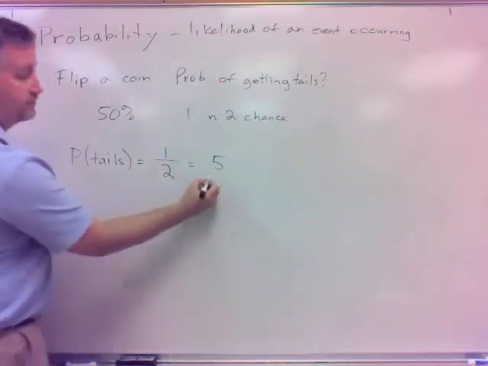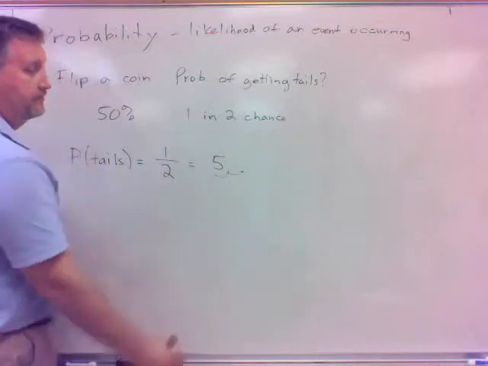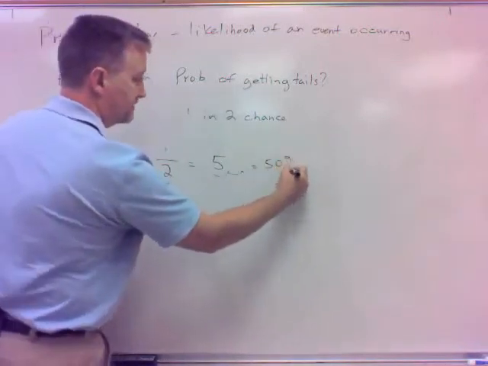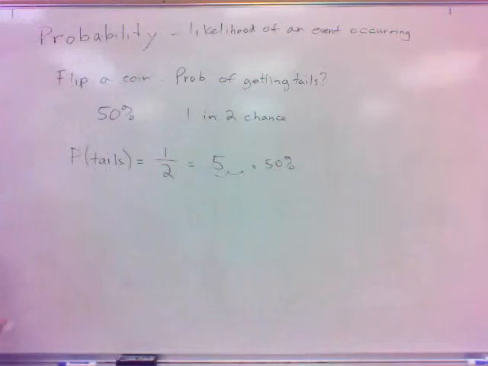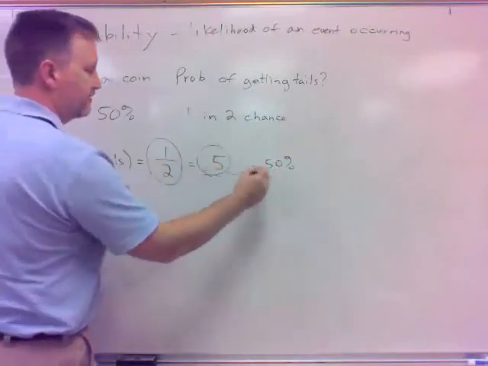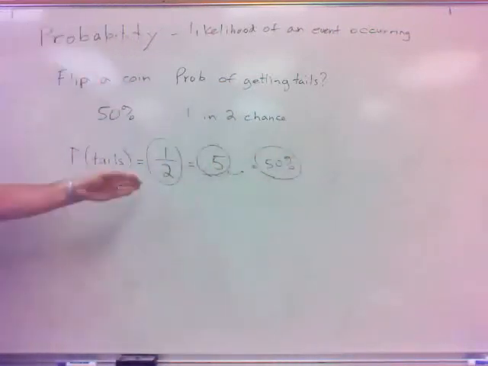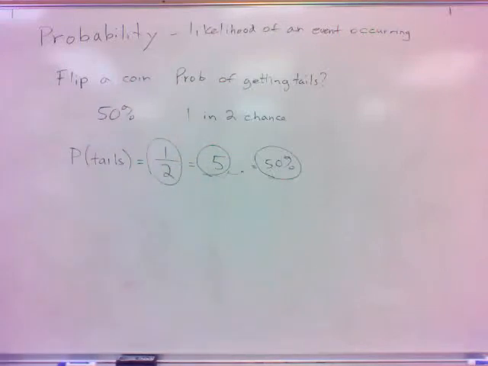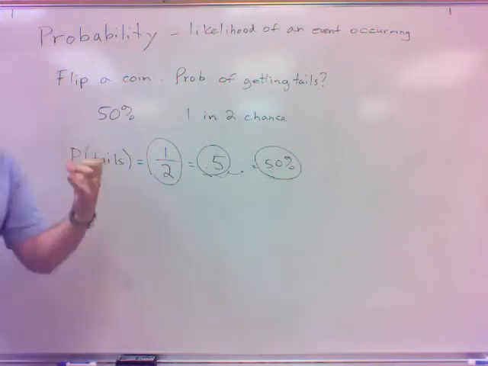Remember, we move it 2 places over, and so that would make it 50%. Okay, so these all three are related. Fraction, decimal, percent. They all go hand in hand. And sometimes we list probabilities in those 3 different ways, depending on the problem or what you want.